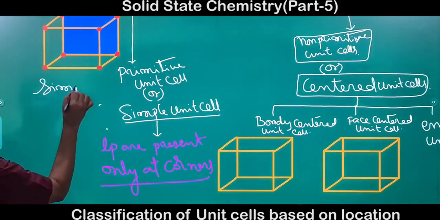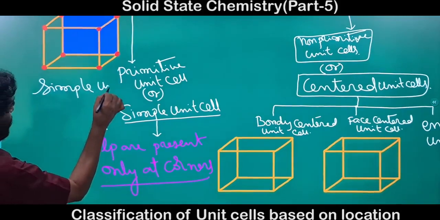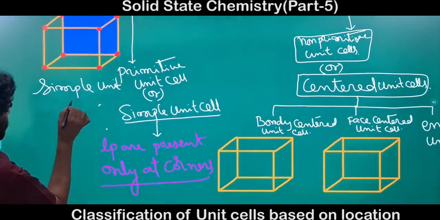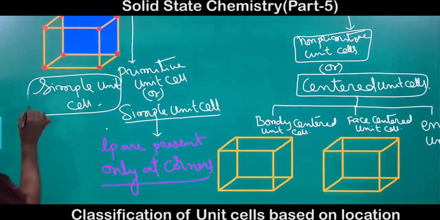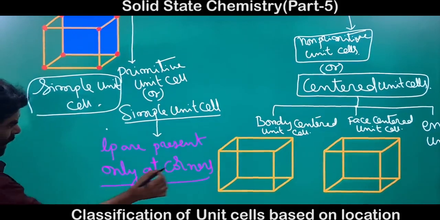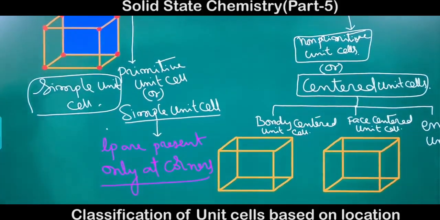In the simple unit cell, lattice points are present only at corners, not at other points. Each unit cell contains 8 corners.